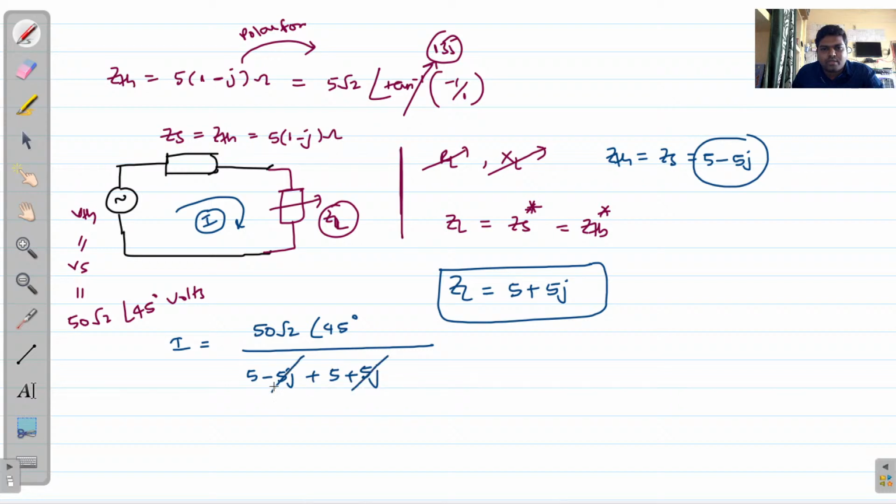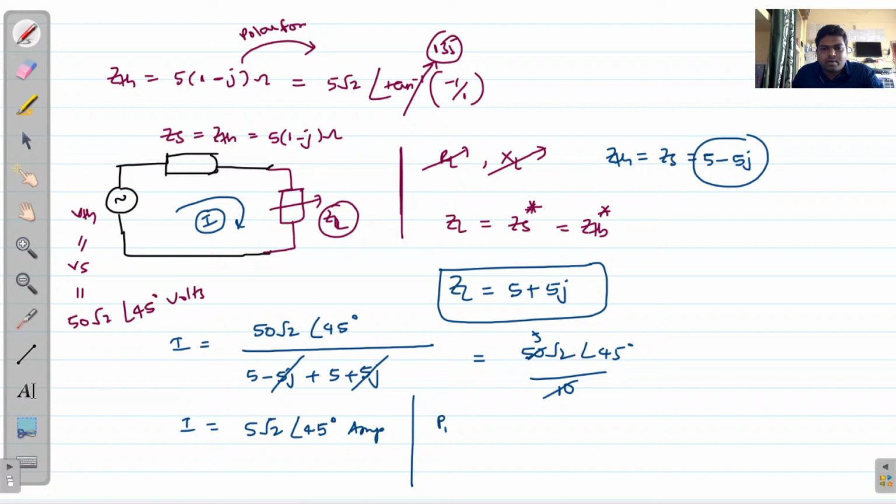So these two cancel each other. Then you will get 50 root 2 angle 45 degrees by 10. So I is equal to 5 root 2 angle 45 degrees amperes. Okay, units are very very important.